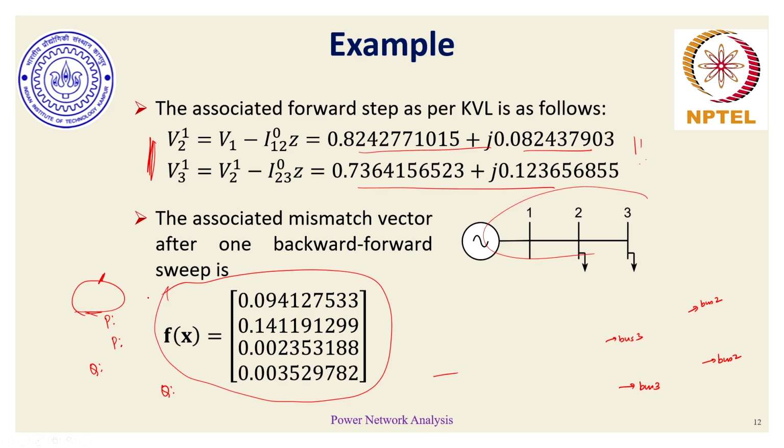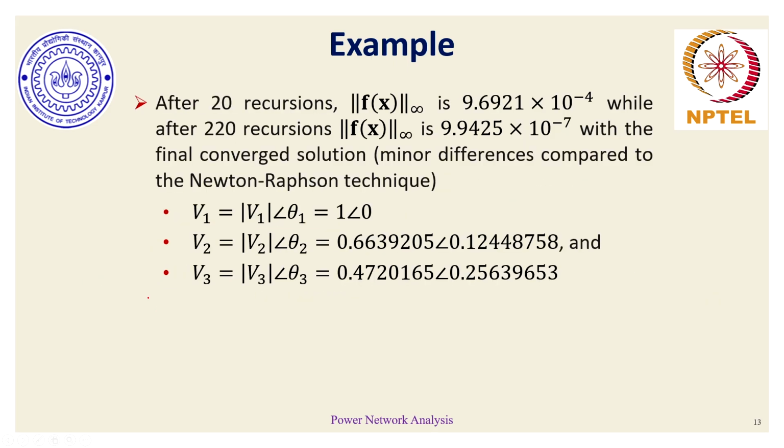This is a 4 cross 1 vector, and after 20 recursions, the maximum absolute value, so infinity norm here, is the maximum absolute value of this 4 cross 1 vector, which is a mismatch vector. This number turns out to be of the order of 10 to the power minus 3 or 4, whereas after 220 recursions, the number is significantly lower, of the order of 10 to the power minus 6, minus 7.